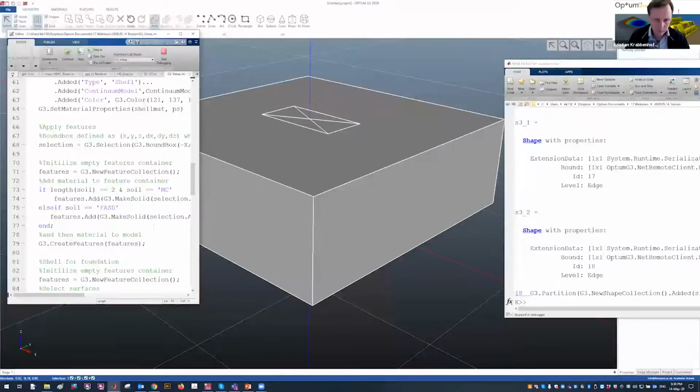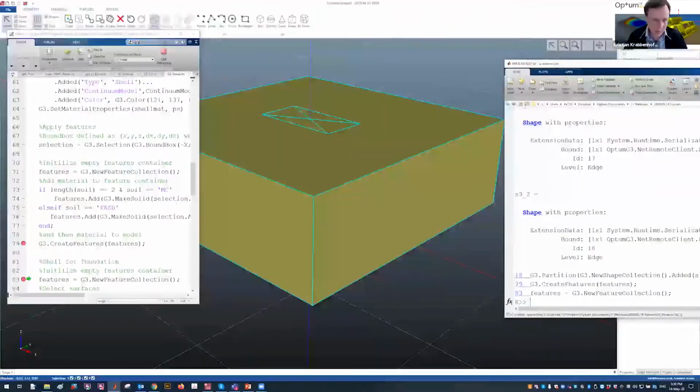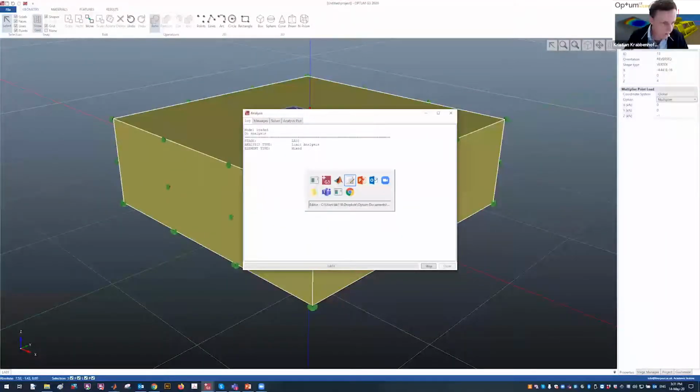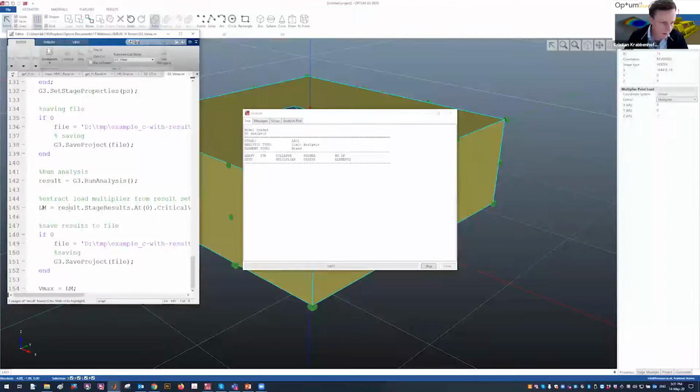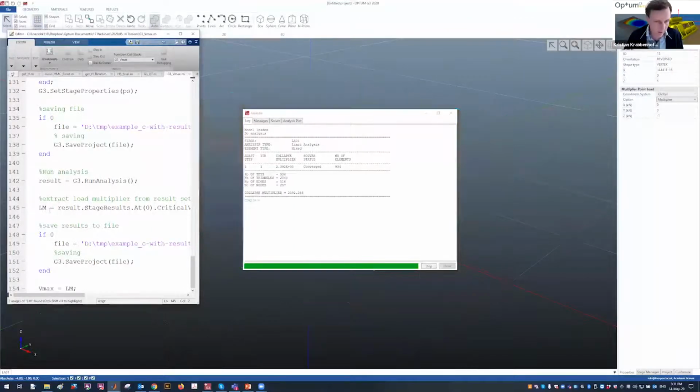And eventually you run the problem, and you can then also access the results. In this case, you want to extract the load multiplier. That's the only result you're really interested in, but if there are other results, they're available as well.